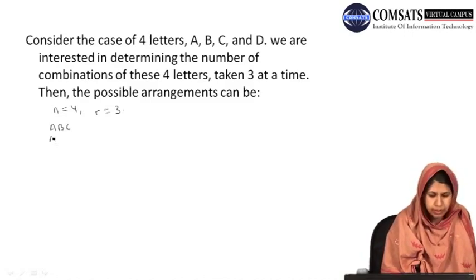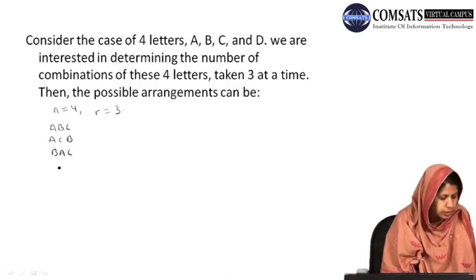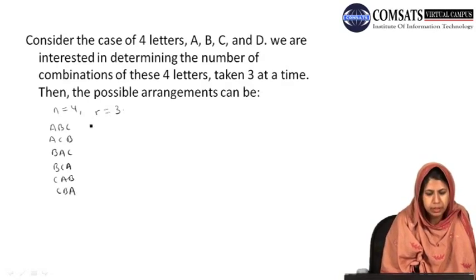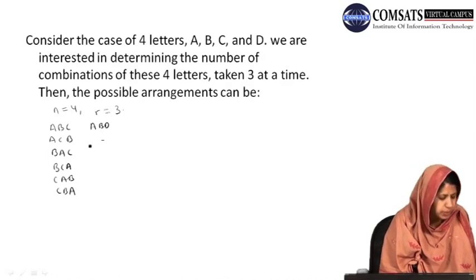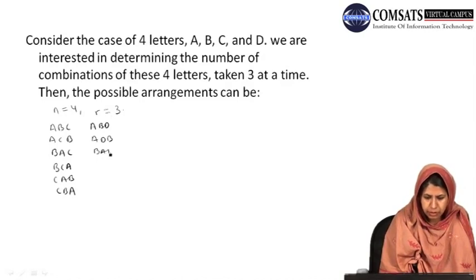The possible arrangements of 3 letters taken from the 4 letters A, B, C and D are ABC, ACB, BAC, BCA, CAB, CBA. We have some more possible arrangements when letter C is replaced by letter D: ABD, ADB, BAD, BDA, DAB and DBA.